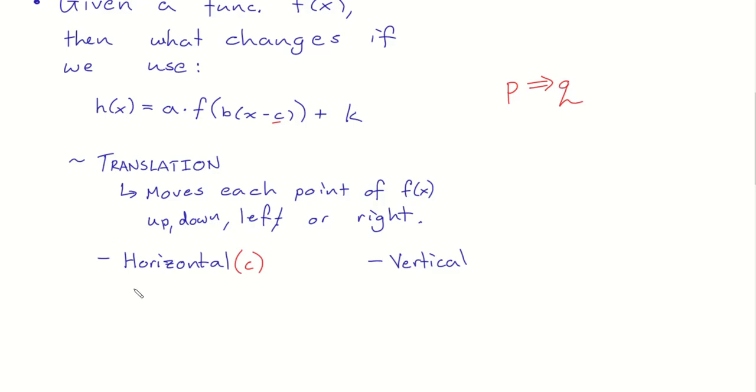So here we go. On this, I'm just not going to use a mark because I don't want to make it look weird. But if C is greater than 0, how did it move my graph just now? To the right. So C is greater than 0 implies that we move right. How many units? C units. Okay.